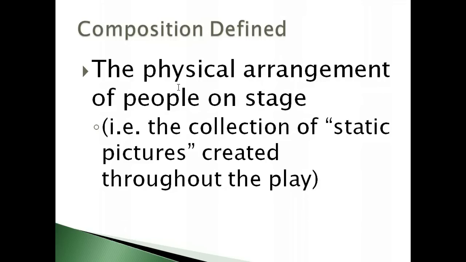If you think about a movie, you don't need to be told where to look. The camera constantly frames the action so that you can see exactly what the director wants you to see. On the stage it's a little bit different, and directors have to manipulate things in the hope that you will be looking at what the director would like you to look at. So anyways, the composition is simply the arrangement of people on the stage.